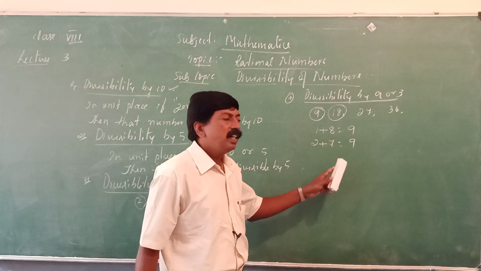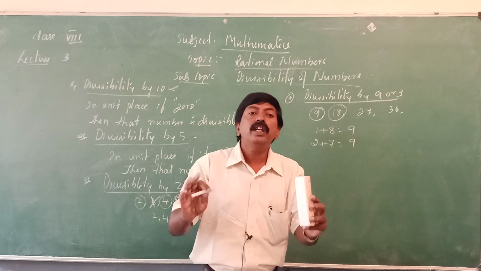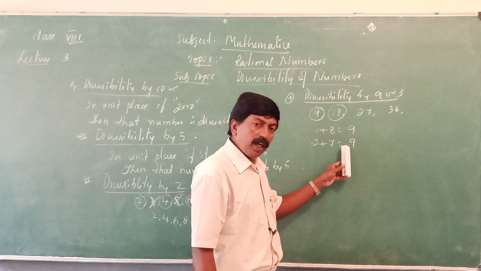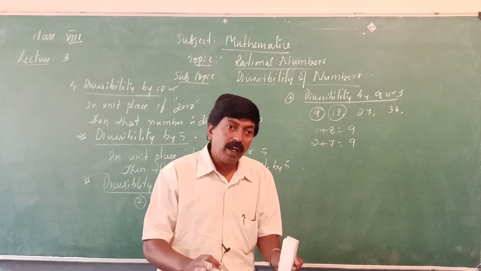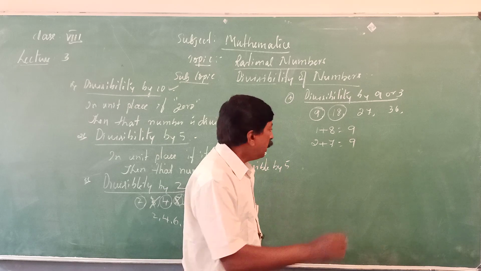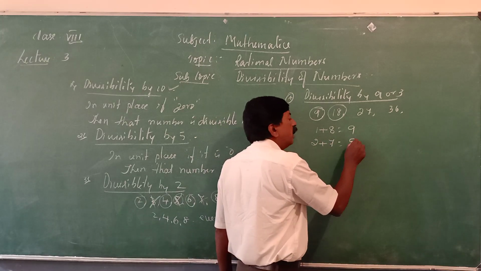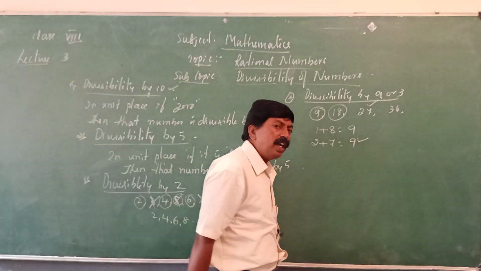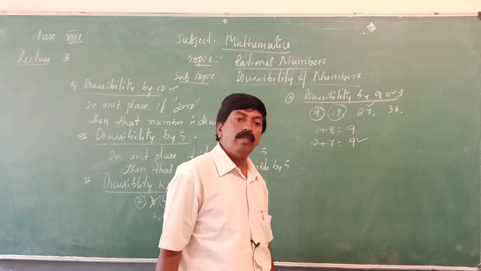We have added all the digits in the given number. If we get a sum divisible by 9, then definitely the given number is divisible by 9. So 2 plus 7 is 9, 9 divides by 9, therefore 27 is divisible by 9.